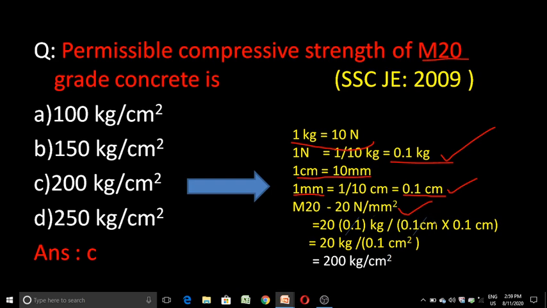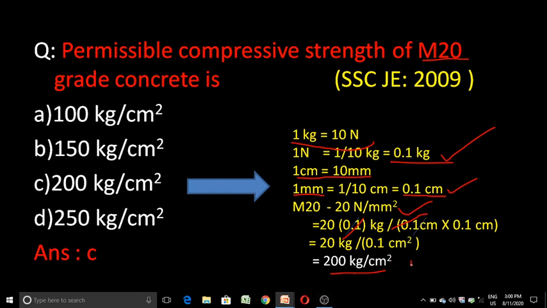So it is 0.1 centimeter times 0.1 centimeter, and then the units cancel. Finally we get 20 kg per 0.1 centimeter square. 20 divided by 0.1 is 200, and the remaining units are kg per centimeter square. So the answer for this question is that for M20, 20 Newton per mm square is equal to 200 kg per centimeter square.